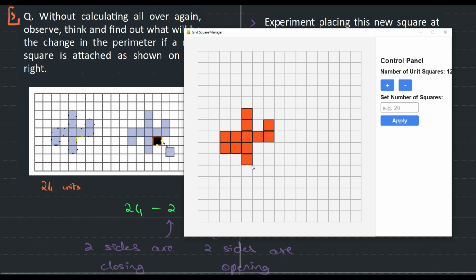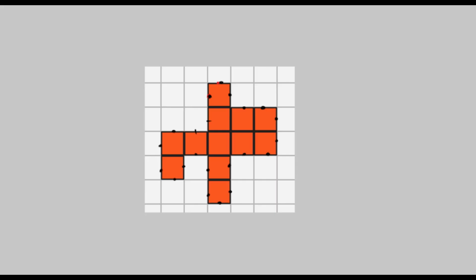Can I increase? So basically I have to shift from this position to a new position wherein it opens up more than closing. Where can I do that? In quite a few places actually. This is the simplest possibility. I'm closing one but opening up. Actually, in quite a few places it is opening up.